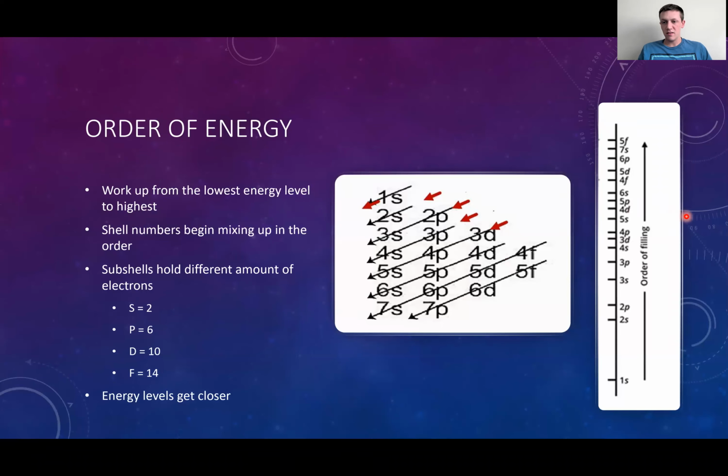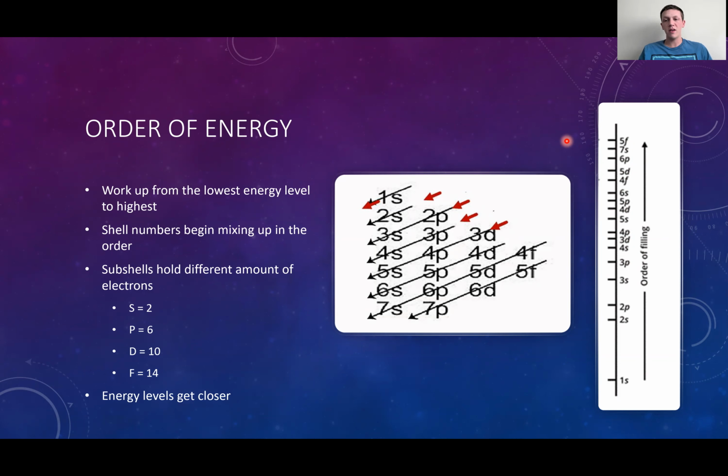As you can see, some of these numbers don't really fit with each other. I have a 3 here, and then a 4, and then a 3. There's a 5 and a 4. Come up here, there's another 4. There's a 5 all the way up at the top. They're not all in order by the numbers because they're based off the energy level. It's not necessarily the number that's in front of it.